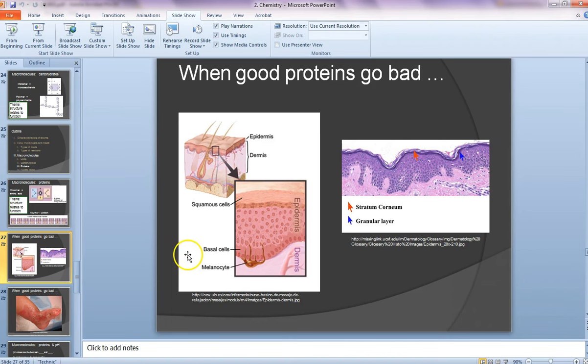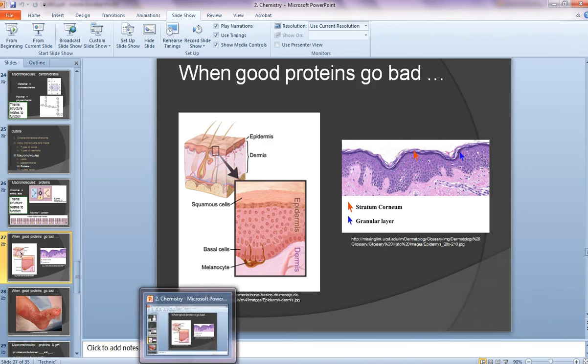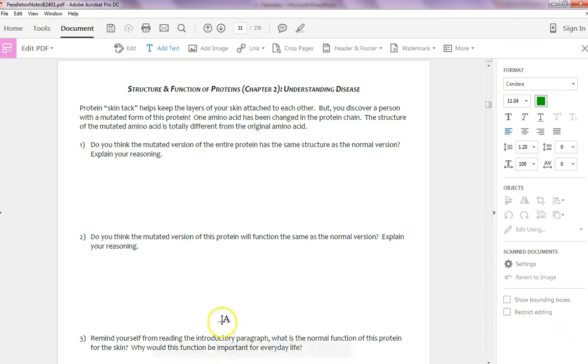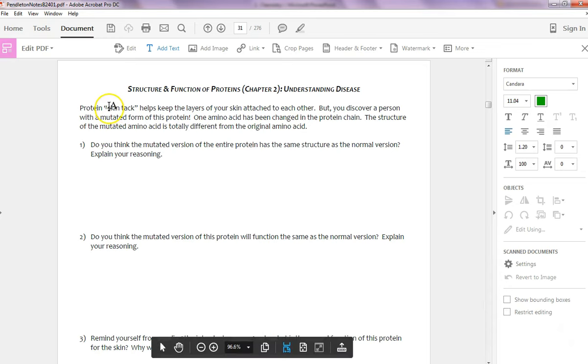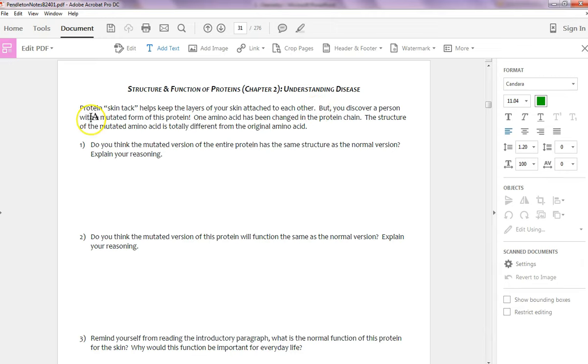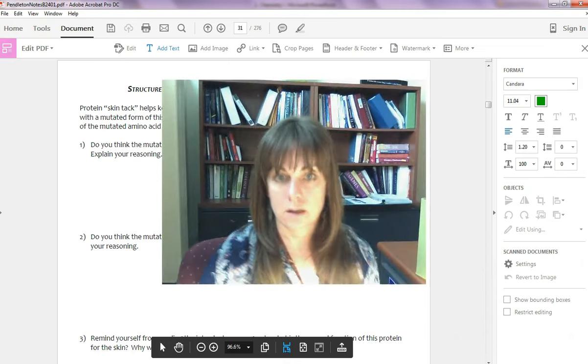Okay, so the problem that I give my students is that this protein, and I just call it skin tack, it's actually a real protein and it has a different name, but I call it skin tack for short, keeps the layers of your skin attached to each other. But you discover a person with a mutated form of this protein, and what that means is that one amino acid has been changed. So let me show you what that means if it's helpful.